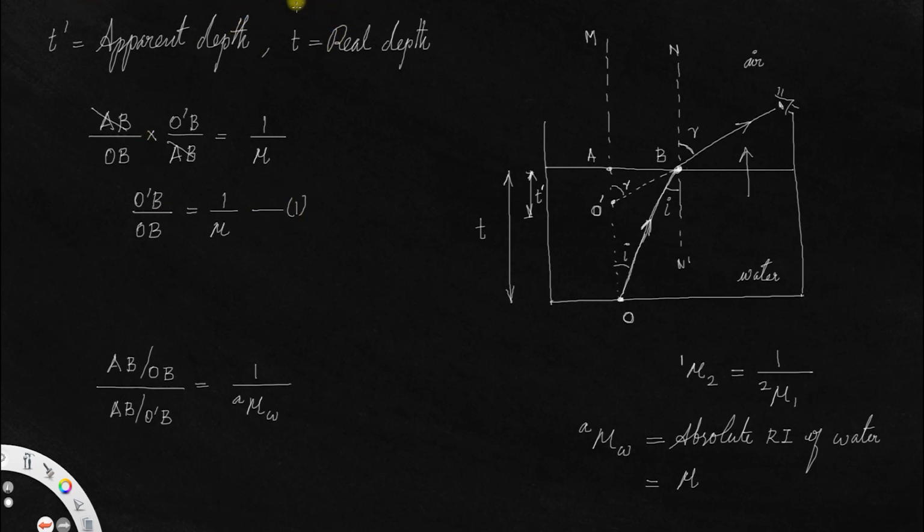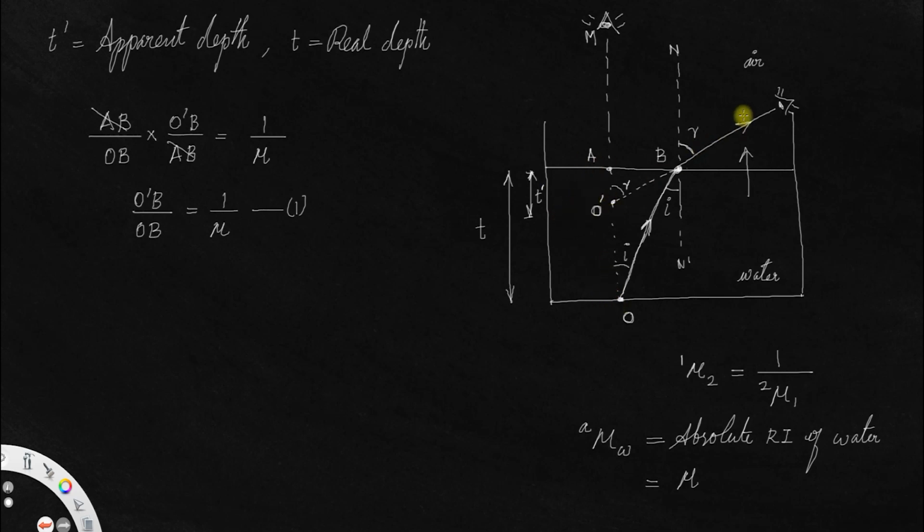Okay, now listen to this part very carefully. Both these rays, that is OA and OB, before that, if I observe from here, when my eye is here, I cannot see the difference between O dash and O. I cannot see the normal shift or the height through which the object is raised.